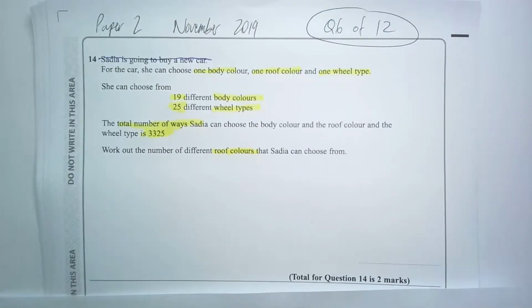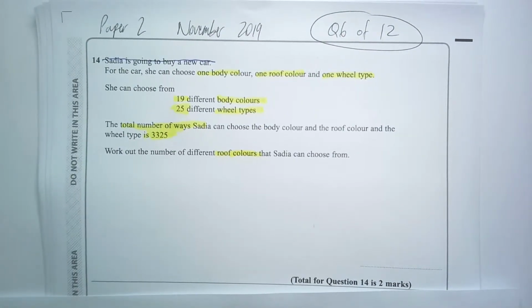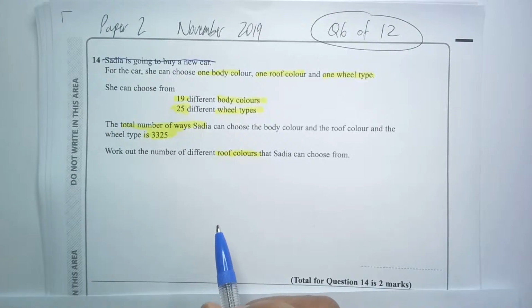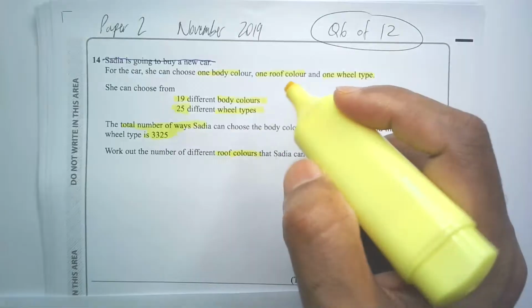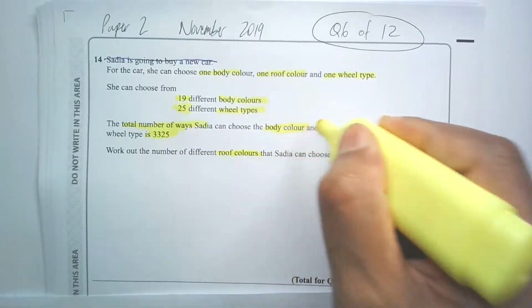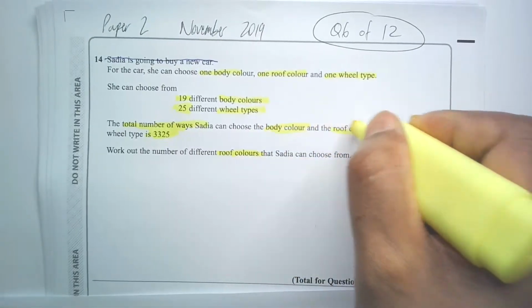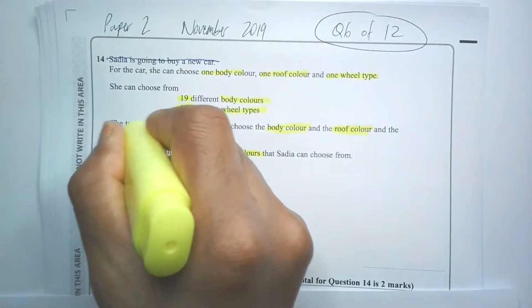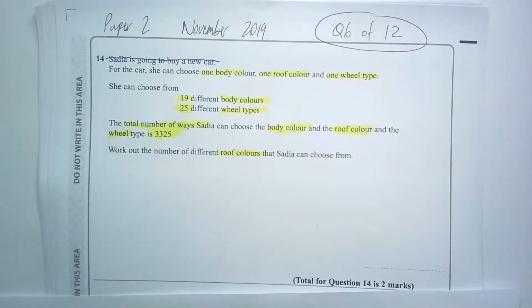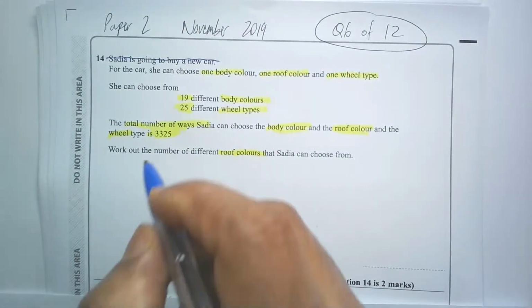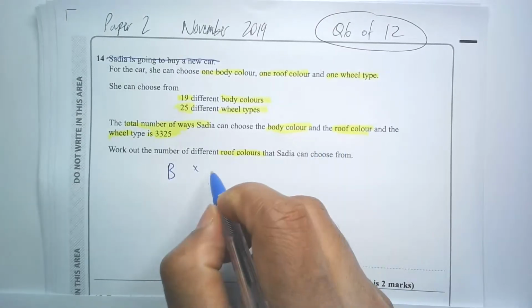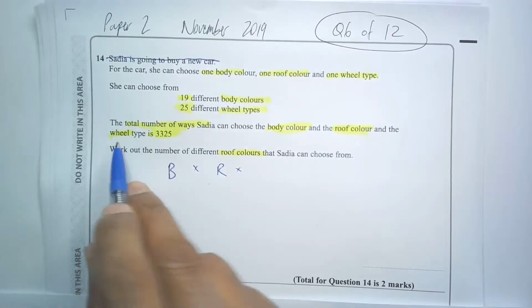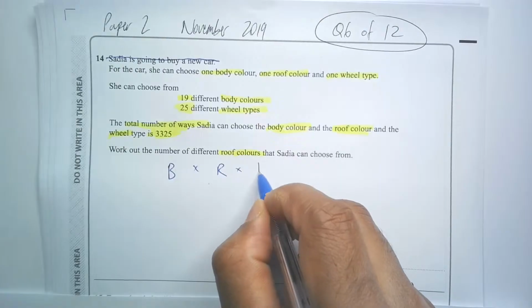And so similar to the previous questions, we are told that, I didn't highlight this, it is one body color, roof color, and wheel type. So we've got body color multiplied by our roof color multiplied by our wheel type.